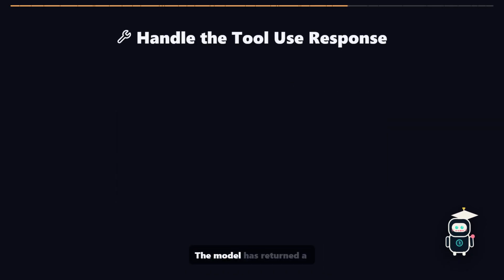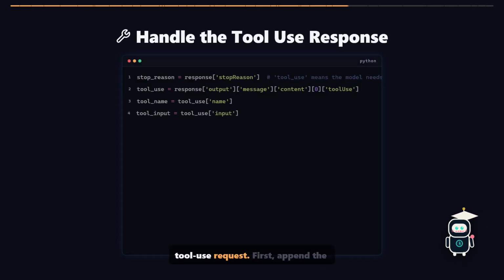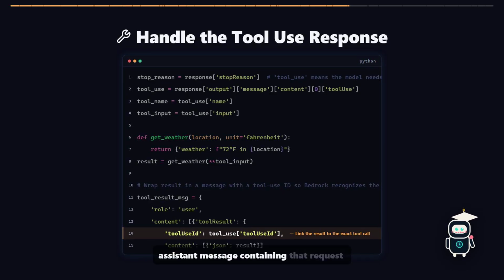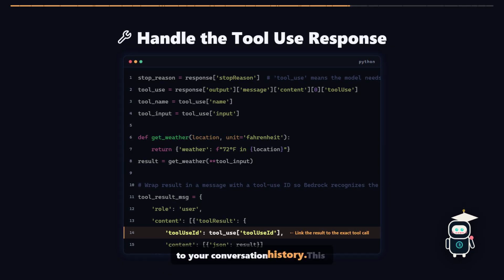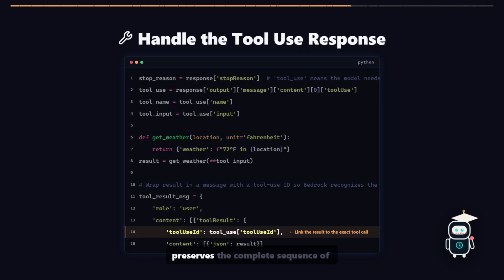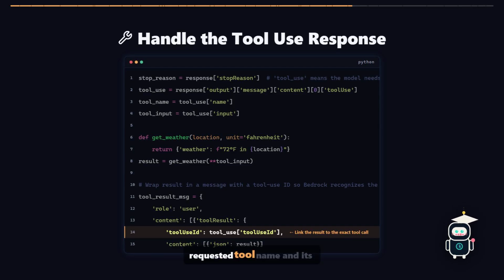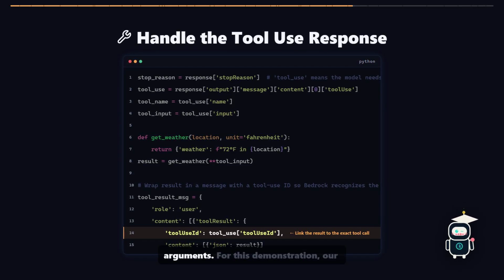The model has returned a tool use request. First, append the assistant message containing that request to your conversation history. This preserves the complete sequence of the conversation. Next, validate the requested tool name and its arguments.